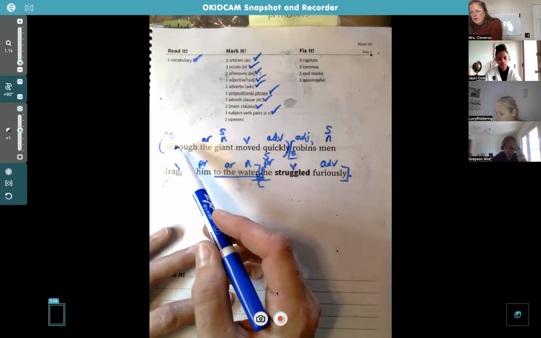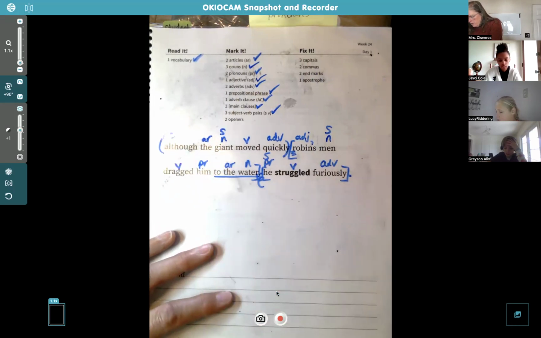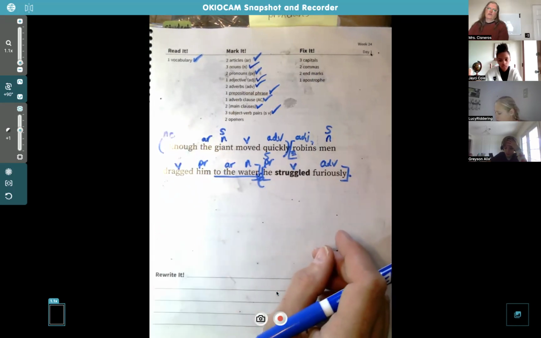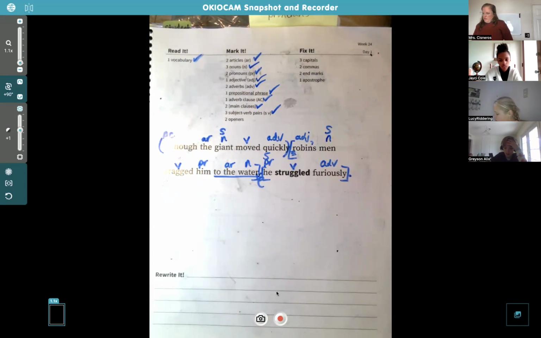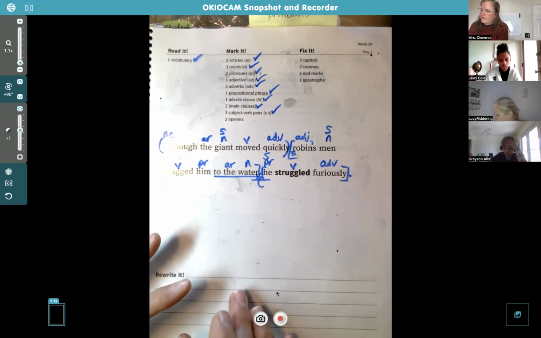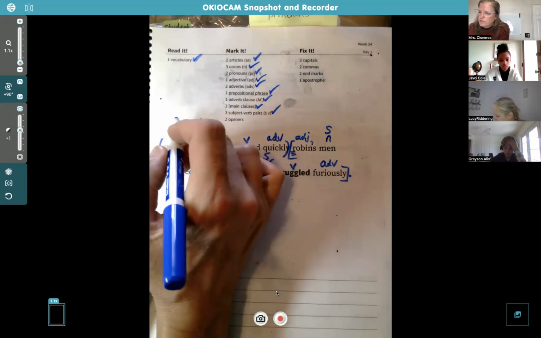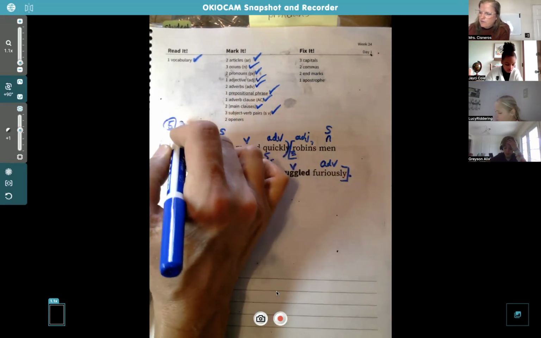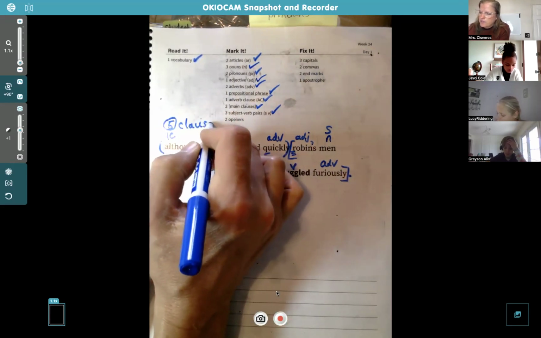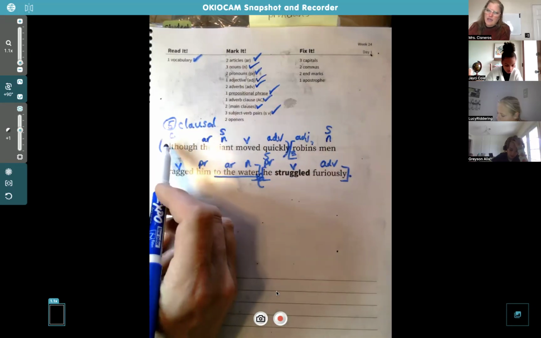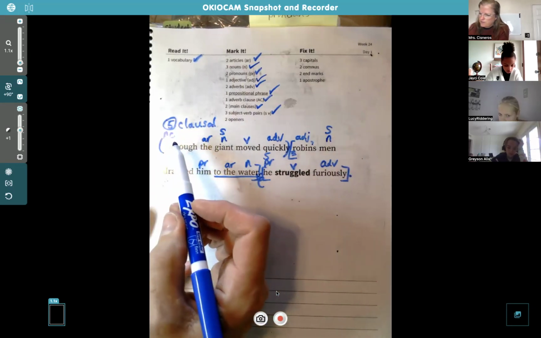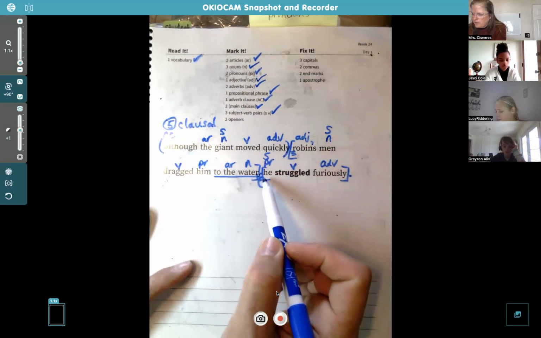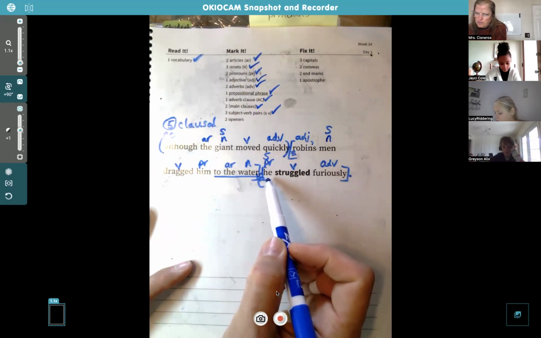This is an adverb clause, so this is like an Asia word. Do you remember the name of that opener? No. It's called a clausal. So this is a number 5, and it's called a clausal because it's an adverb clause opener. And then how about this one over here? It starts with he. What kind of an opener is that one?